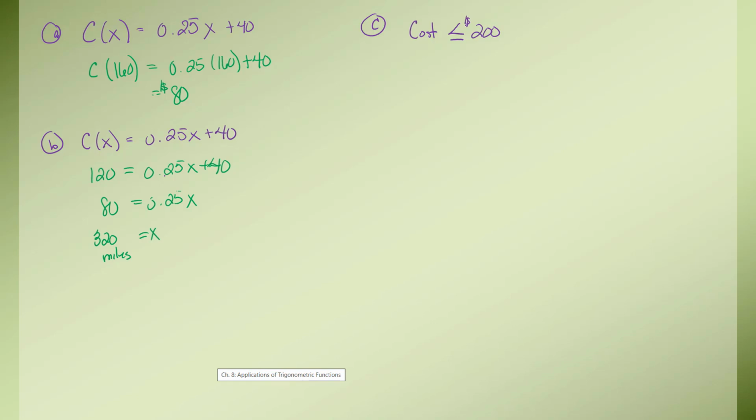So since we know that the cost is equal to 0.25x plus 40, that means that instead of writing cost, we can write this function has to be less than or equal to 200.